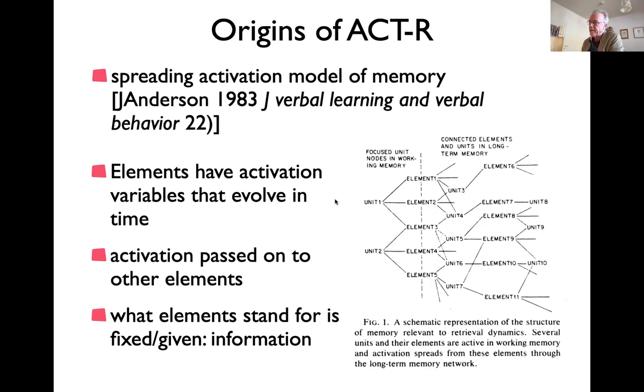The subtle difference from connectionism is that what the elements stand for, the information they represent, is just fixed. You say this element stands for that, and this stands for this, and so what it stands for is not actually determined by the connectivity. The connectivity just determines whether it is invoked, but it stands for, in some magic way, a certain piece of information.